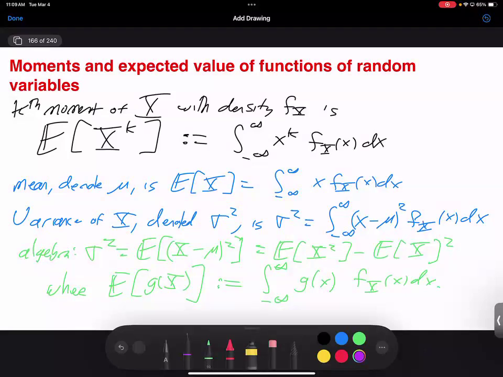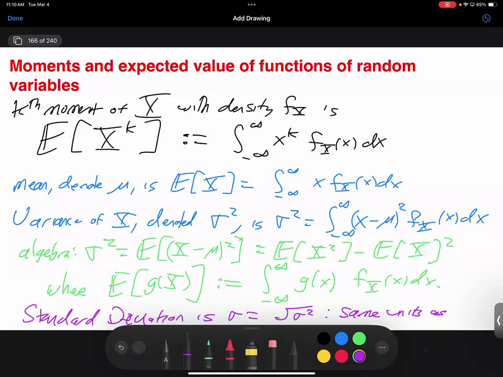Not sigma squared, but what? Sigma. So the standard deviation sigma is the square root of sigma squared. And that has the same units as the mean. And that's one of the reasons why the standard deviation is so nice. It's on the same units.